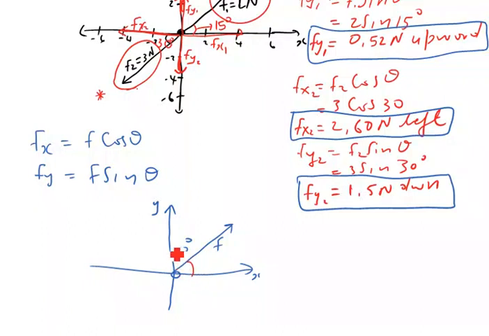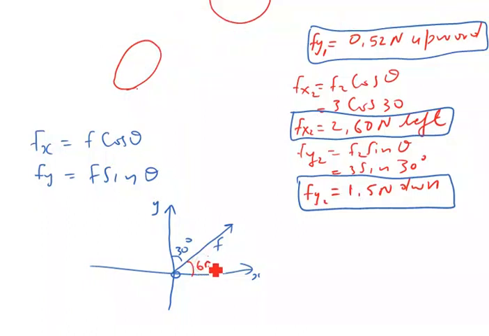We know that the y-axis is perpendicular to the x-axis, which means the angle here is 90. If we have 30 here, then here is 60. So you are going to write 60 here and use 60, not that 30.